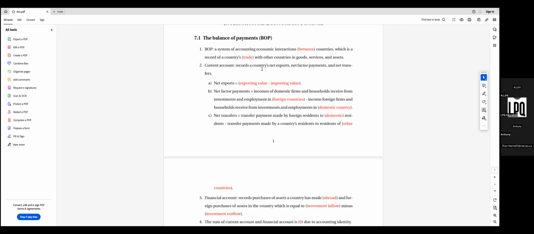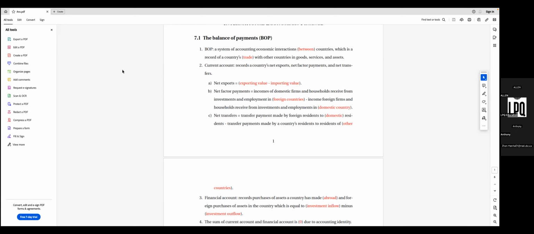These are two situations in which money is leaving from Canada and flowing into the American financial market.